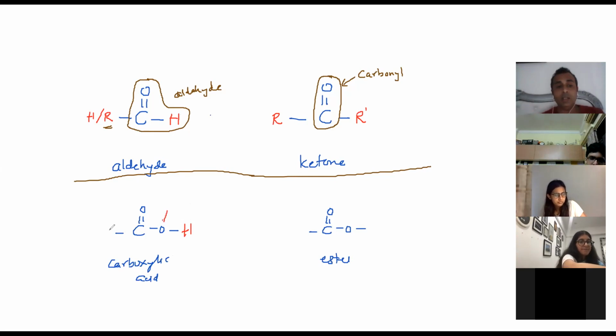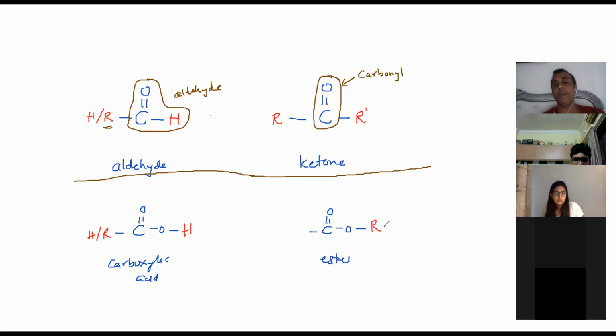Only the side with O. This side may be anything, but this side, the O single bond side, has to be H. And the other side, as in aldehyde, can be H or R. In esters, this side has to be R, and this side can be H or R. And both the R's can be different. So R and R dash, I'm saying.